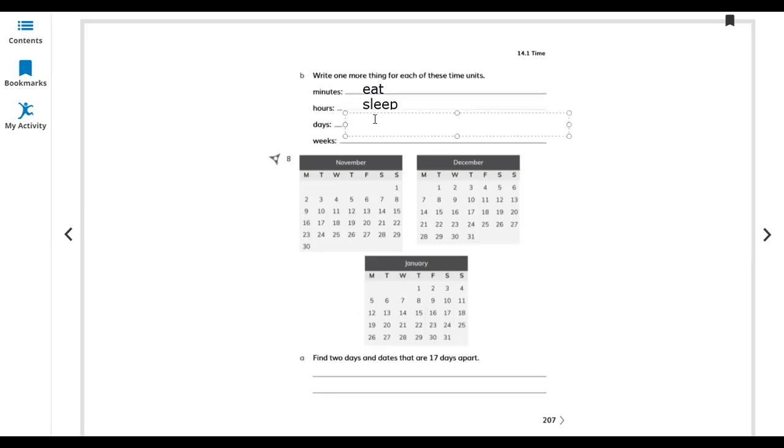Days or week. For days, you can choose a journey. Or for a week, it's better a journey. And for days, it will take 2 days.